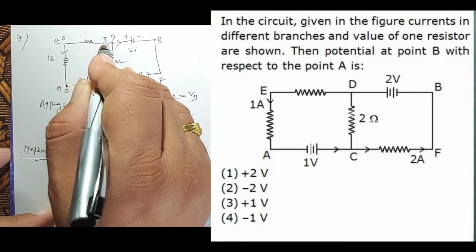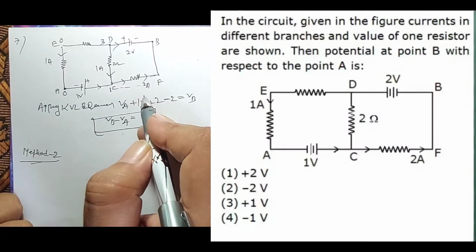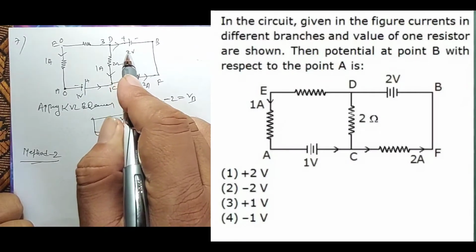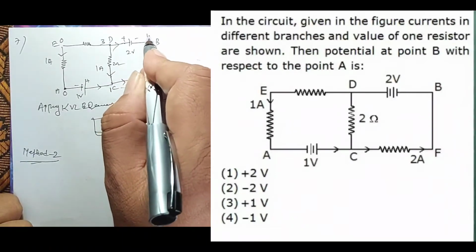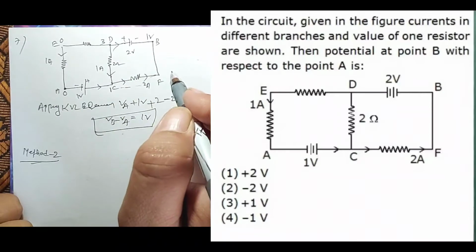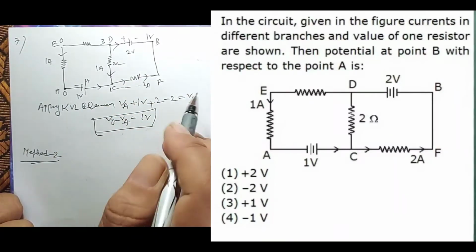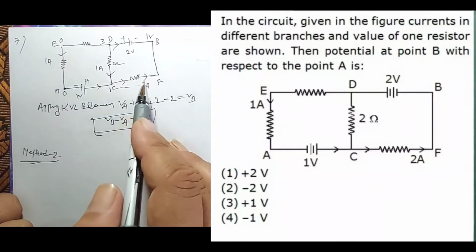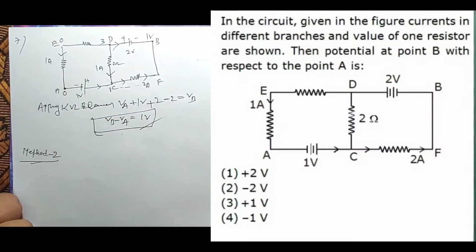That means this end becomes 3 volts. There is 2 volts here. That means this is 1 volt. So VB minus VA is equal to how much? 1 volt. The potential of B with respect to A is 1 volt.